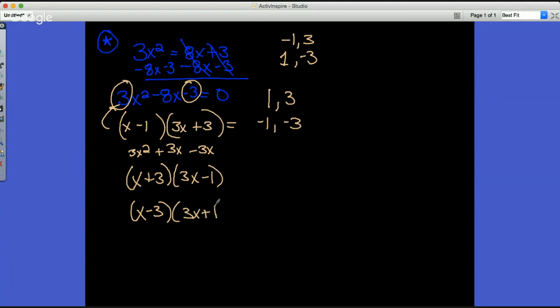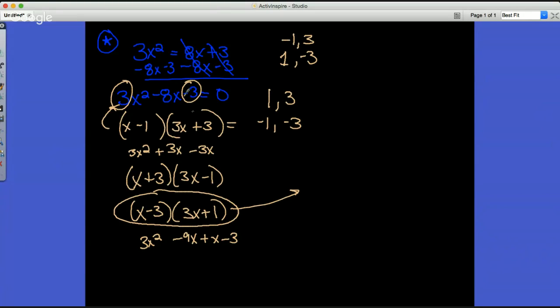So now we have x minus 3 and 3x plus 1, and now I've got 3x squared. Negative 3 times 3x is negative 9x, and 1 times x is positive x, again with the 3x squared and negative 3. And when I combine this, I get negative 8x, which gets me back to the top. So this right here is sufficient for how we could factor the following problem.